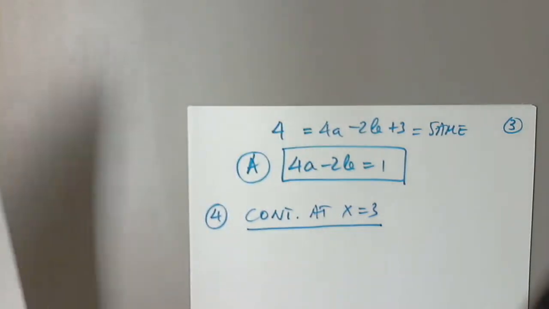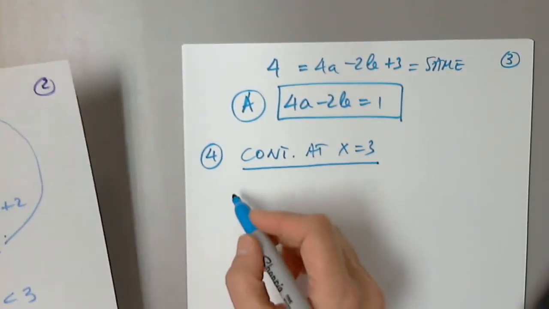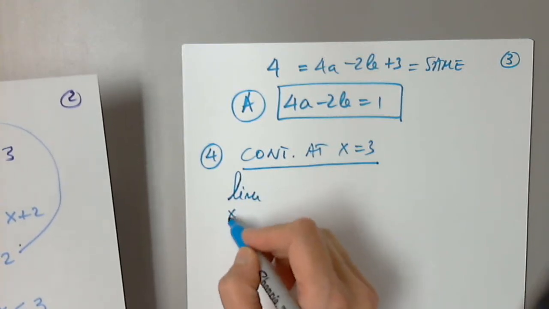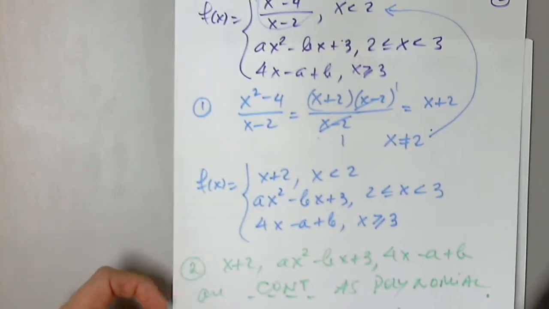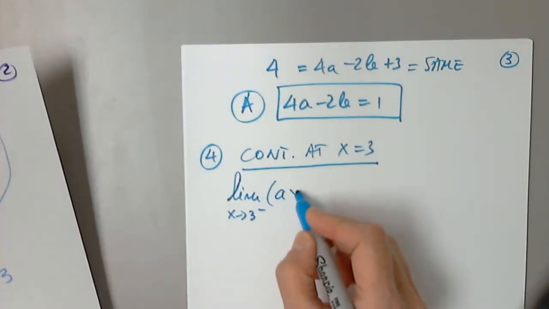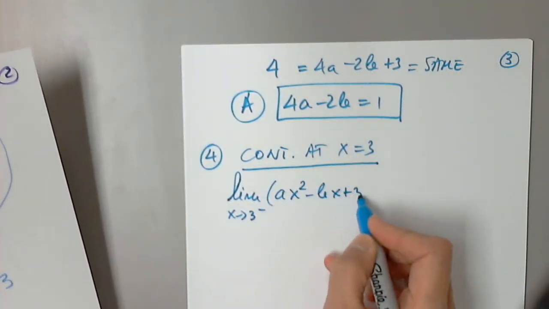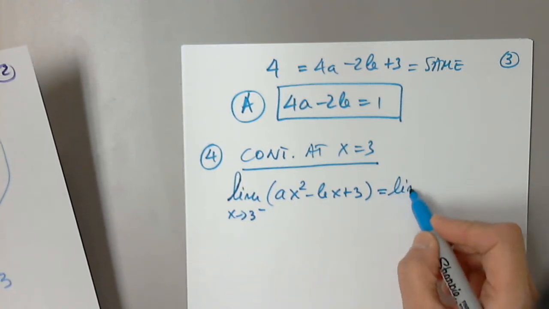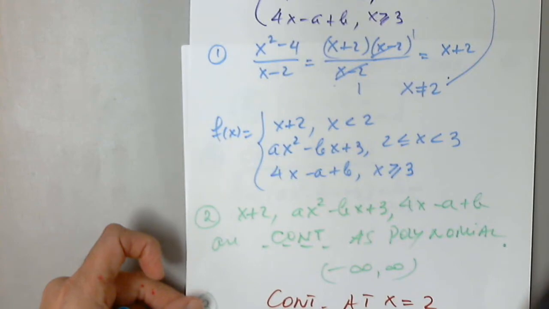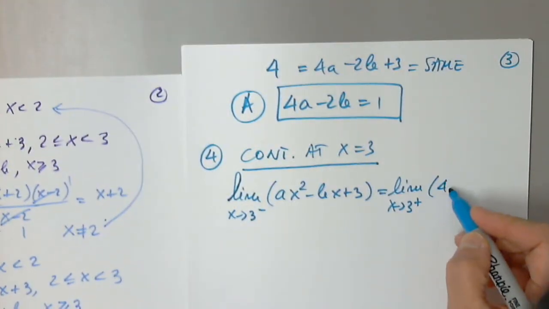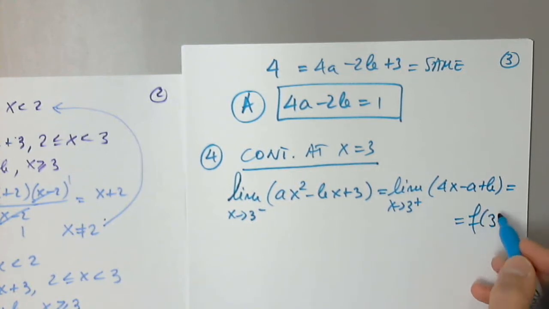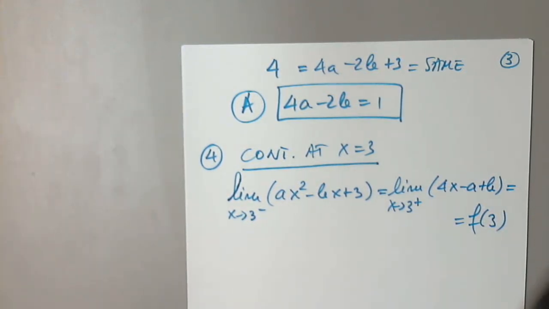So what has to happen at x equals 3? Very good. As x approaches 3 from the left, which branch? Very good. Awesome. Ax squared minus bx plus 3 must equal the limit as x approaches 3 from the right, from which branch? Very good. 4x minus a plus b must equal f of 3. Awesome job.